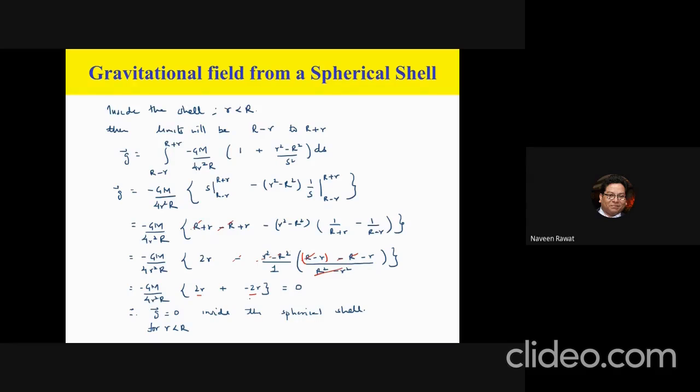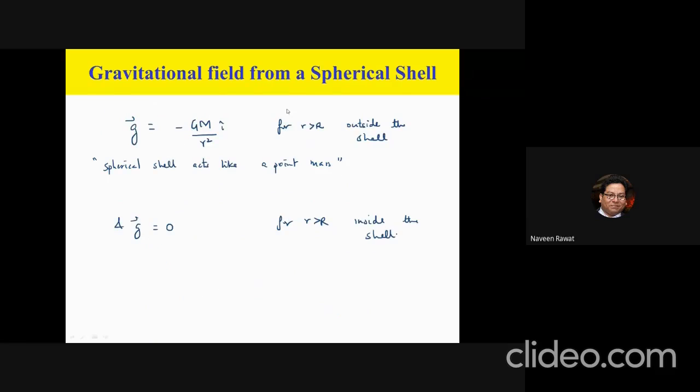That is something very non-intuitive. You couldn't have predicted this just by thinking about the system. So what we are getting is that the gravitational field inside a spherical shell is actually 0. Any mass that you put inside a spherical shell won't feel any gravitational force acting on it.